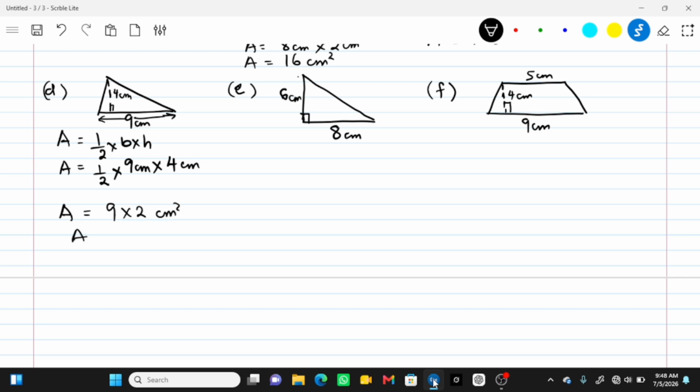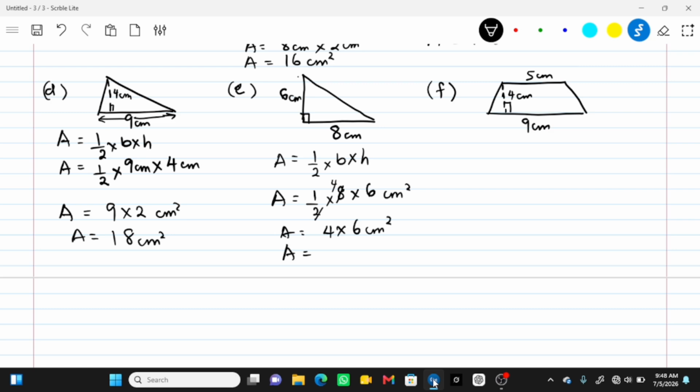So the area should be 18 centimeters squared. And for this one, the area is again half times base times height. So the area should be half times 8 times 6 centimeters squared. The 2 can take care of 8, and so it will be 4. So the area should be 4 times 6 centimeters squared, and the area equals 24 centimeters squared.